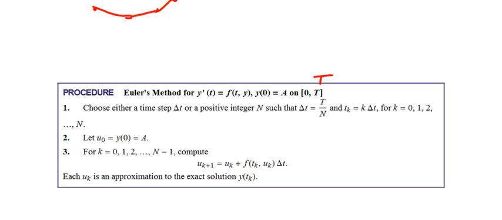So this is t sub k equals k times delta t, where k is 0 and the positive integers. Basically, we're always going to start with u sub 0 equaling some number, and then we plug into this formula and keep computing. We want u sub k as an approximation to the exact solution. So we're going to go ahead and try some.